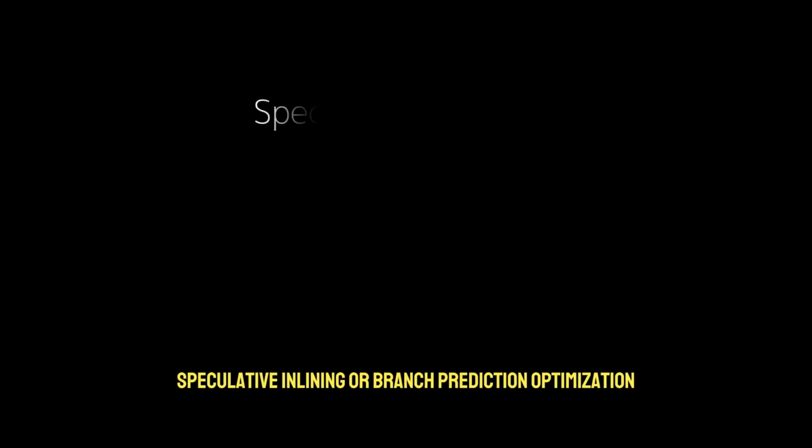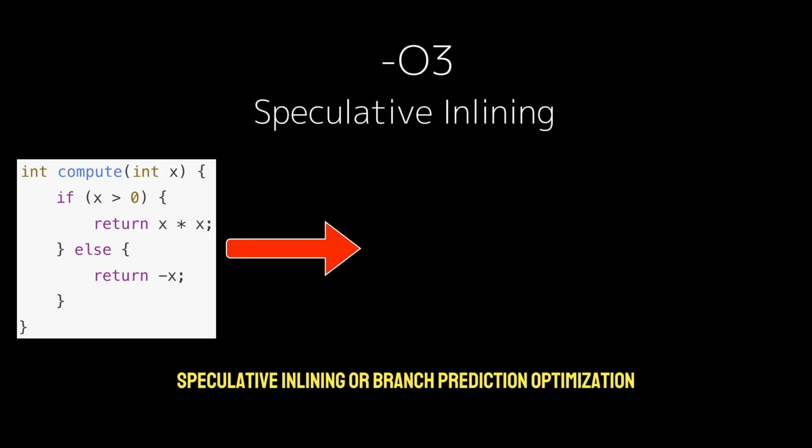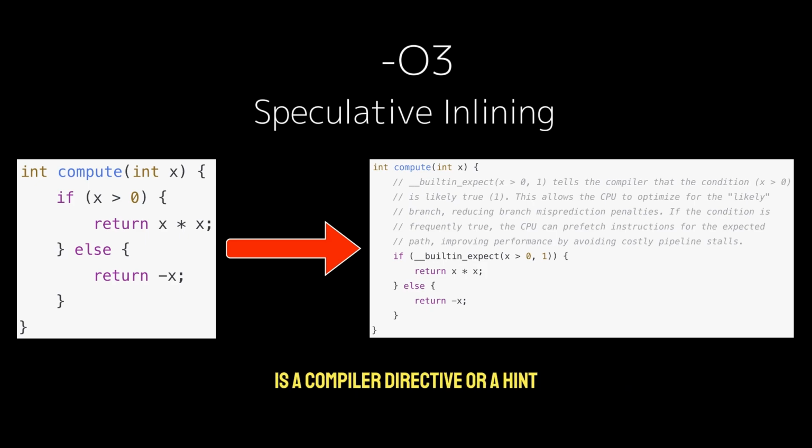graphics rendering. Speculative inlining or branch prediction optimization is a compiler directive or a hint used to inform the compiler about which branch of a conditional is more likely to be executed. This information helps the compiler and CPU optimize the flow of a program to reduce pipeline stalls and improve performance.